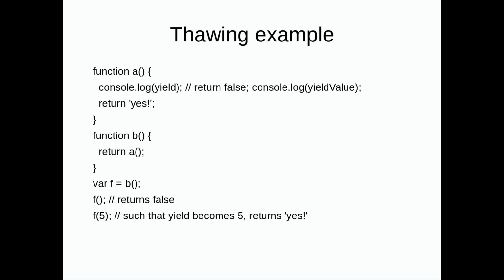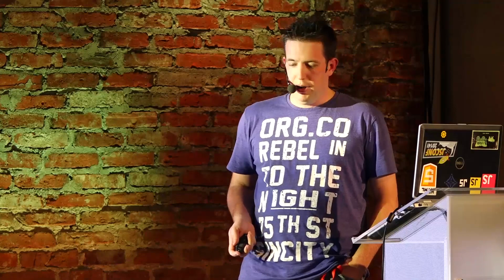But the second time, it will have yielded at that second line where it says console.log yield. I'm going to replace that yield keyword with whatever value you pass on resuming. Below you see I pass on 5, and so that means that after the translation, that yield would end up being 5, and it will log out 5, and then it will just return naturally. Well, it will return a string, and then that will be returned. So essentially, that is what is happening.